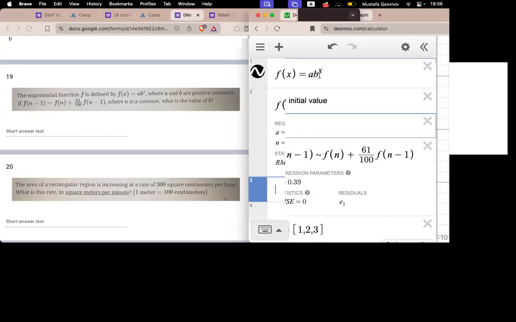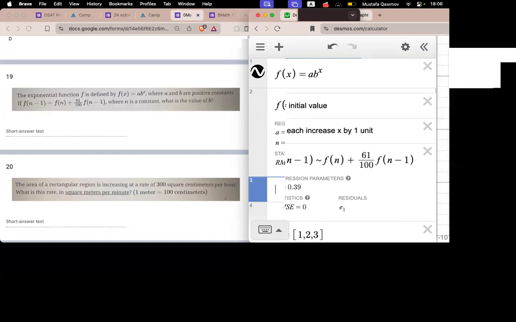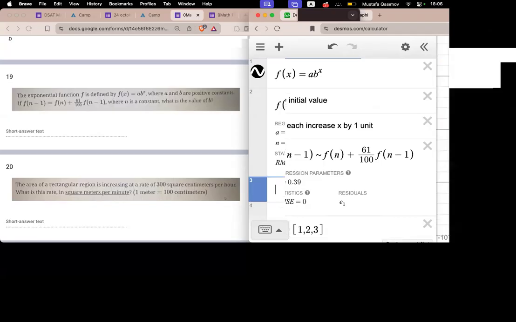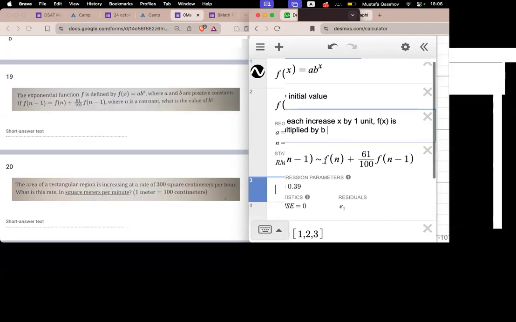And because it's x over 1, it means that for each increase of x by 1 unit, I am writing here 1 because it is x over 1, okay? For each increase of x by 1 unit, f of x is multiplied by b.